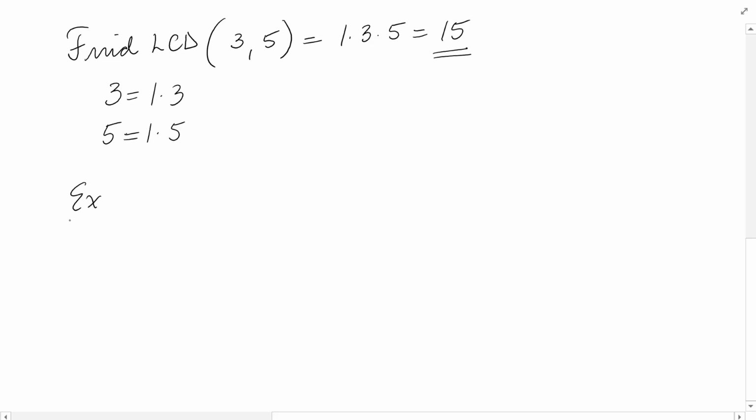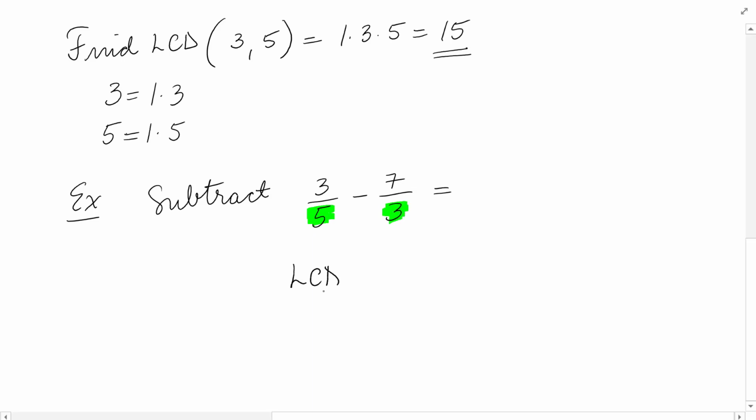So for example, if you had to subtract 3 over 5 minus 7 over 3, we can see how we have different denominators, but we know that the LCD of 3 and 5 is 15.